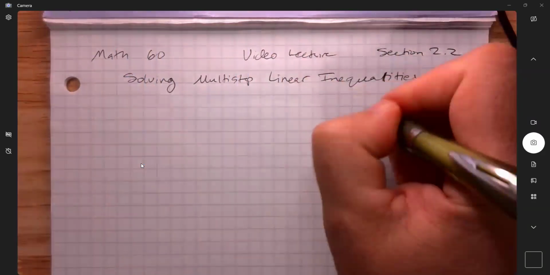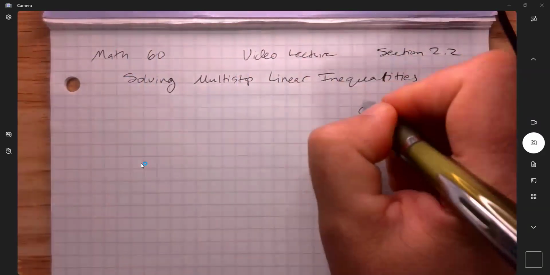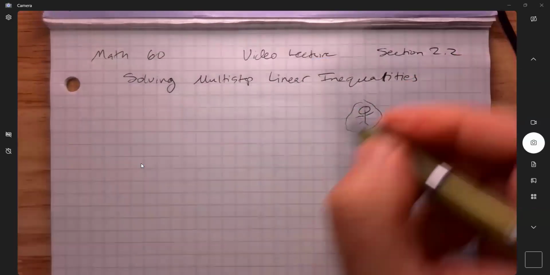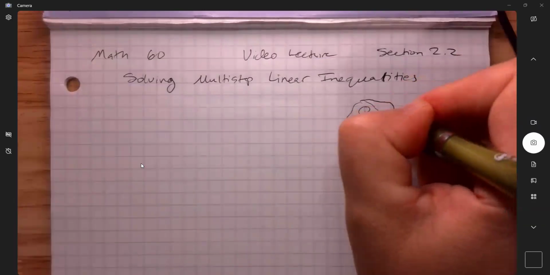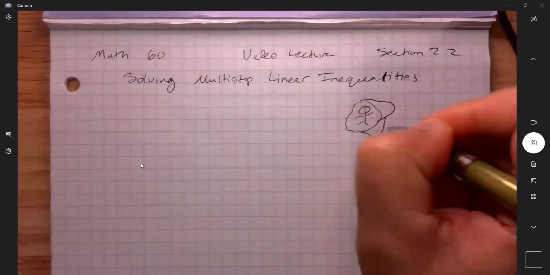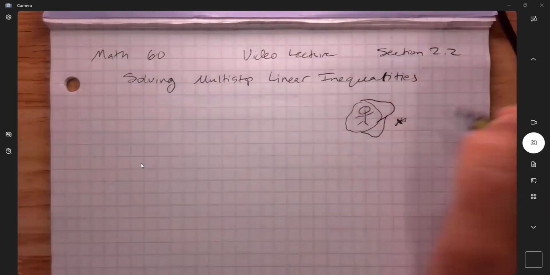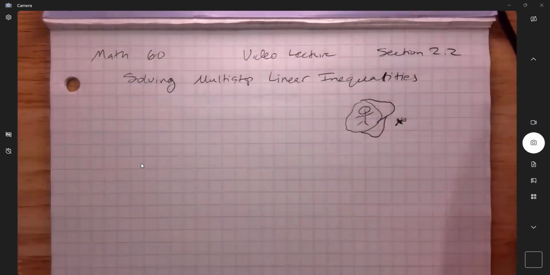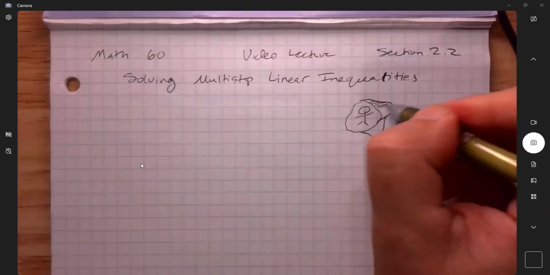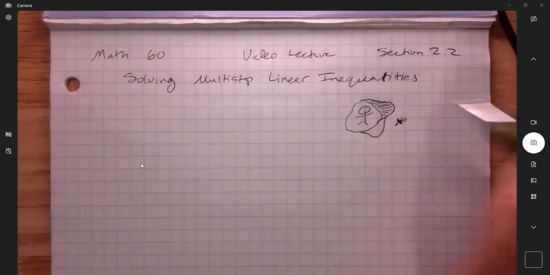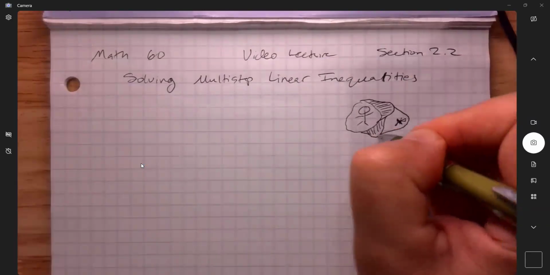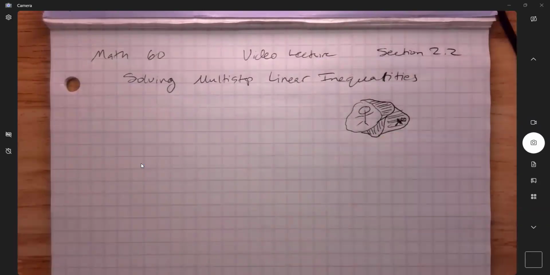In this section, I want you to keep in mind that picture I drew in the very first video about someone learning or exploring a mathematical landscape, how they learn a little bit here and learn a little bit there, and then they're asked to learn something new. Well, that's exactly what's going on here. We've talked about solving multi-step equations, and we've talked about inequalities, and now we're just going to put those two ideas together and solve some multi-step linear inequalities.